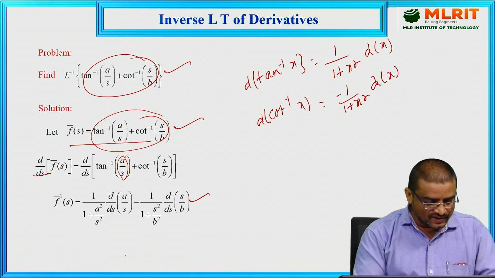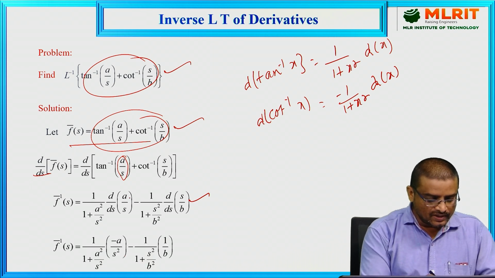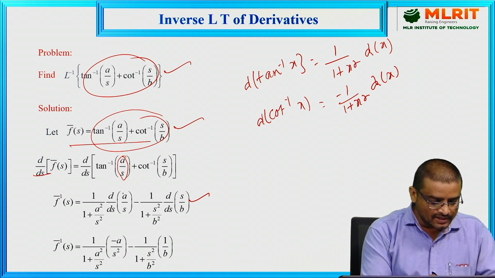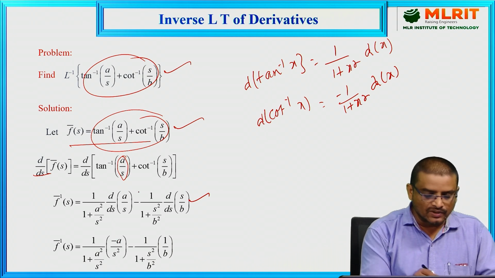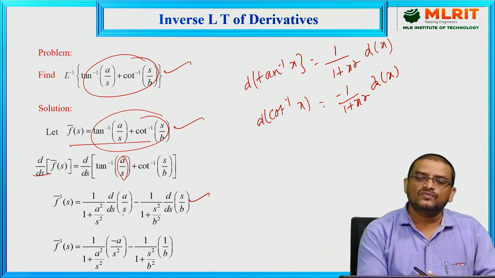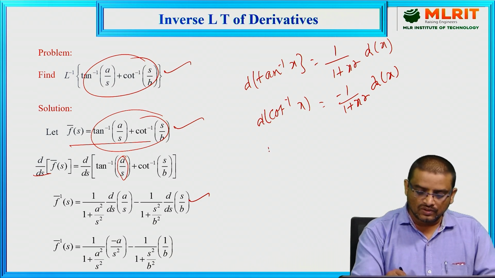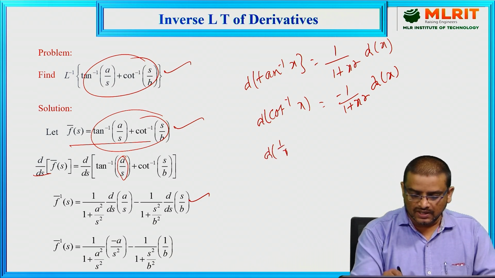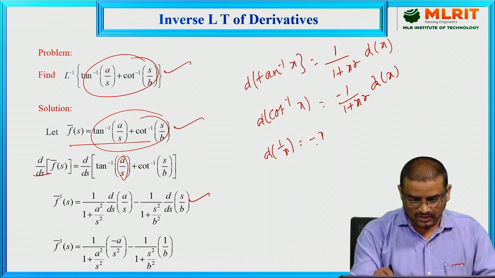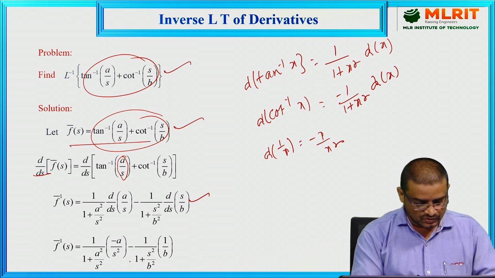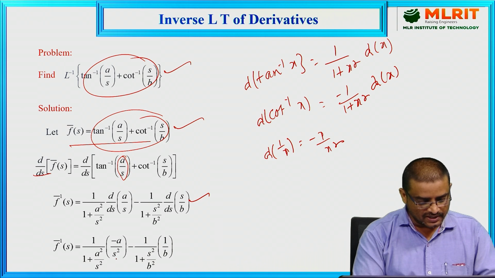Now simplify this. The derivative of a by s: a is constant, so we can take it out, and the derivative is of the form derivative of 1 by x, which we can take as minus 1 by x square. So here you will get minus 1 by s square.